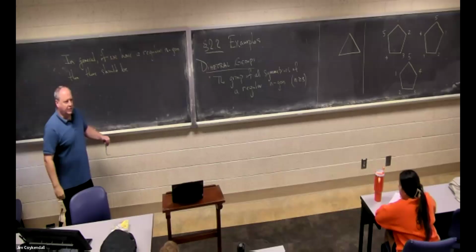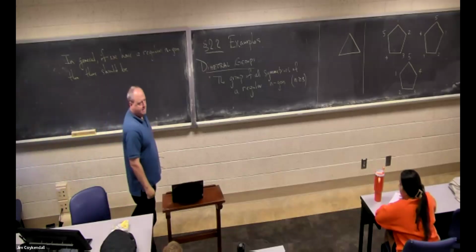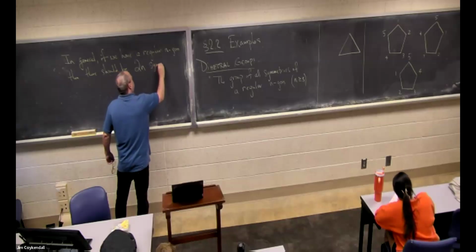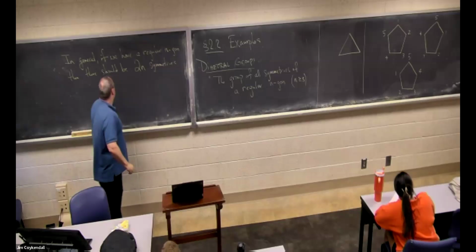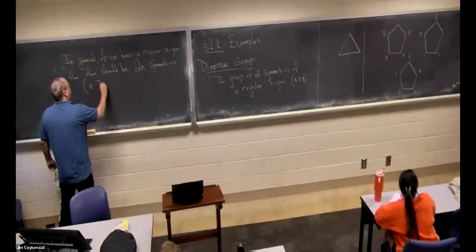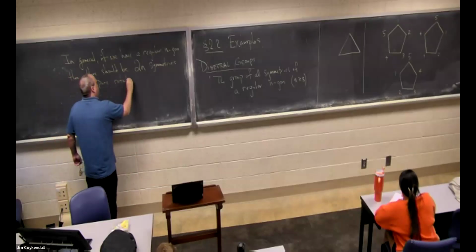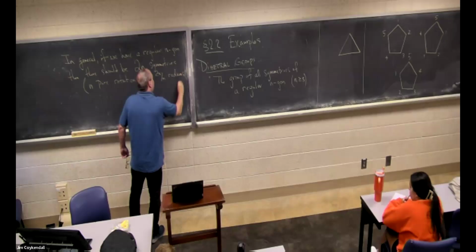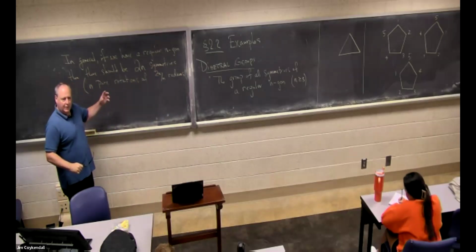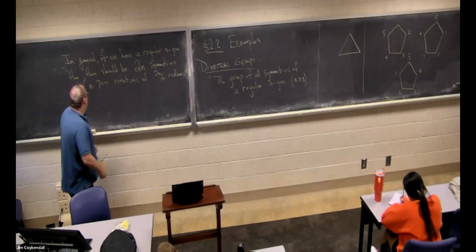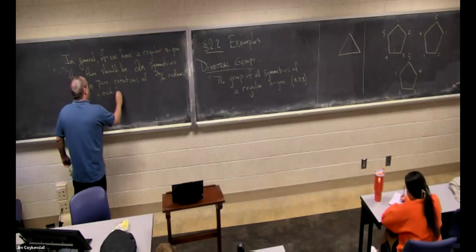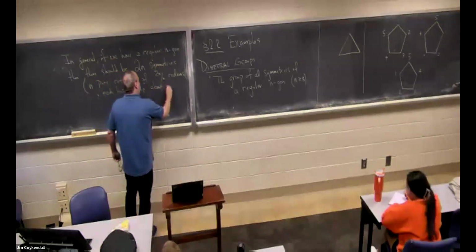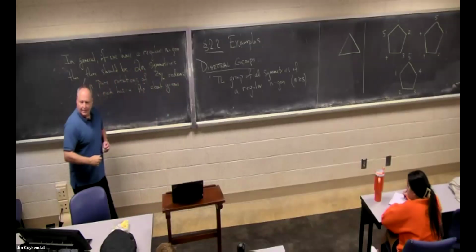There should be 2n symmetries: n pure rotations, where n rotations take you all the way around, and each has a flip around the y-axis.